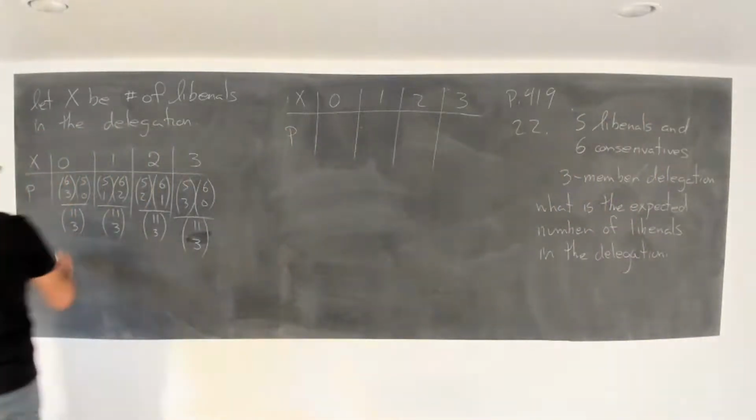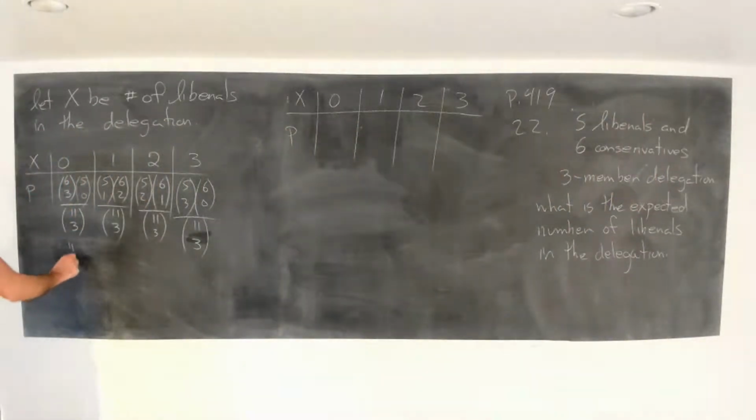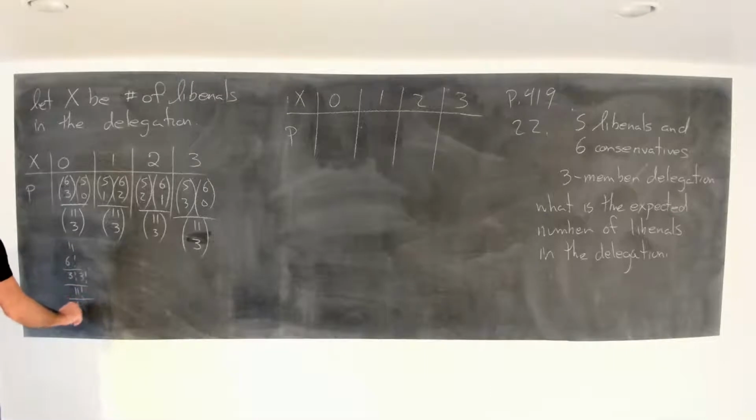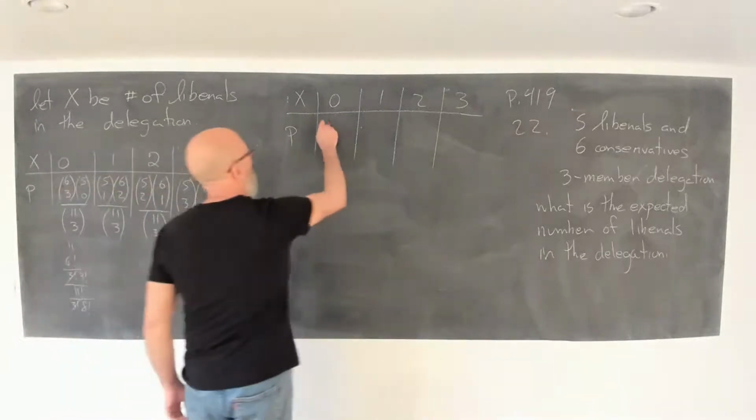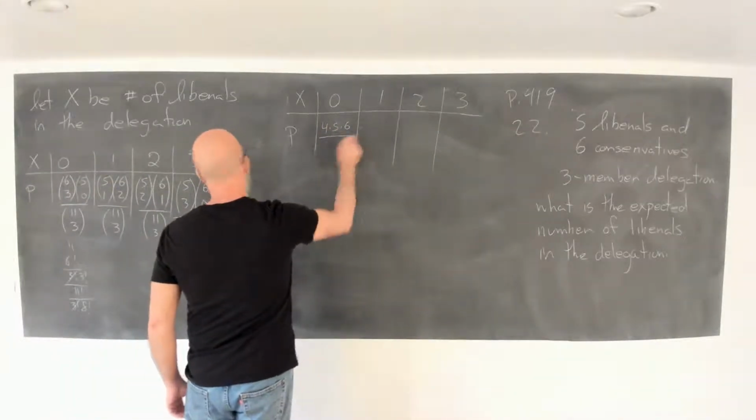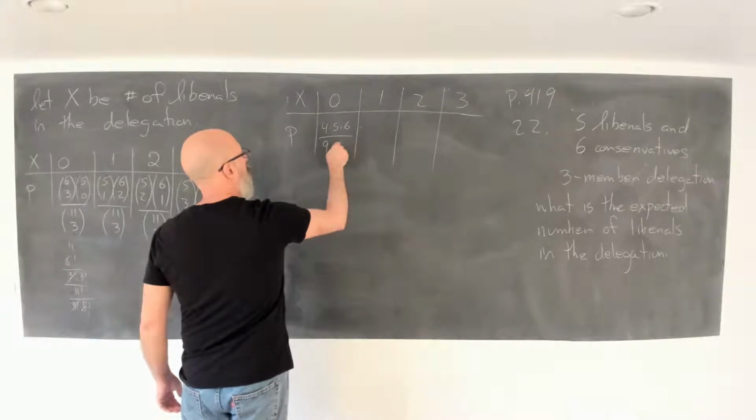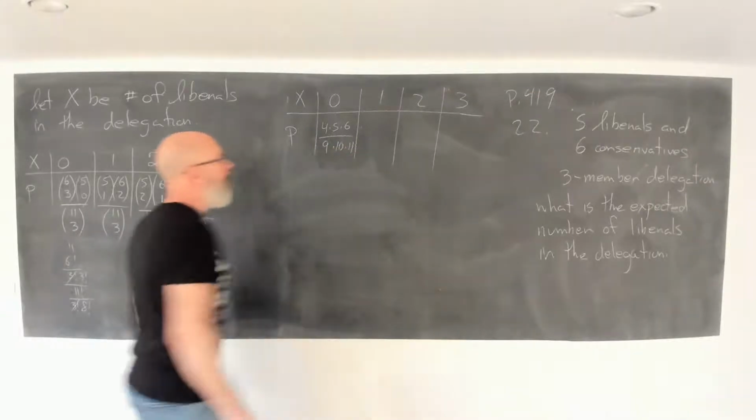So 6 choose 3. This is 6 factorial over 3 factorial 3 factorial. And this is 11 factorial over 3 factorial 8 factorial. We can cancel some of these. This is 9 times 10 times 11. And this is 4 times 5 times 6. So 4 times 5 times 6 over 9 times 10 times 11.